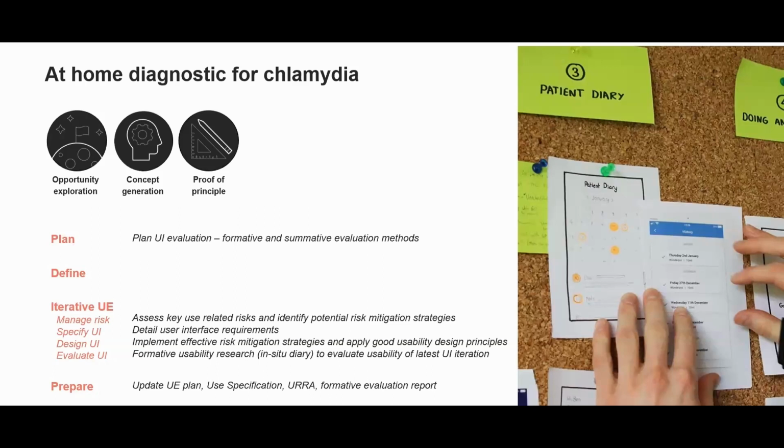So you can get some really rich usability data, and you might follow up with an online interview where you can really probe and understand the root cause, so that you can feed back this usability data and improve the interface from a usability perspective to reduce risk and make it a better product. And obviously you're checking that you're thinking about what you need to submit and your UE documentation as you're going along.